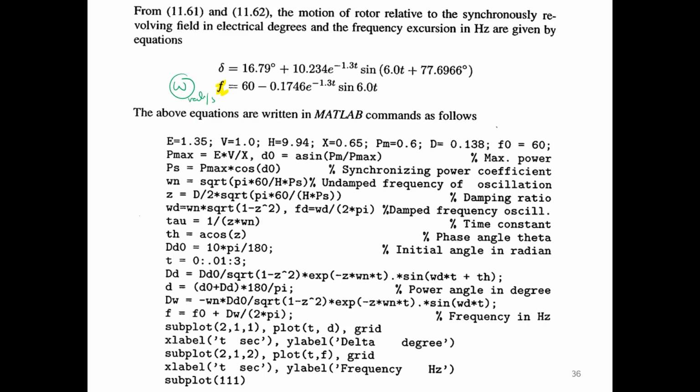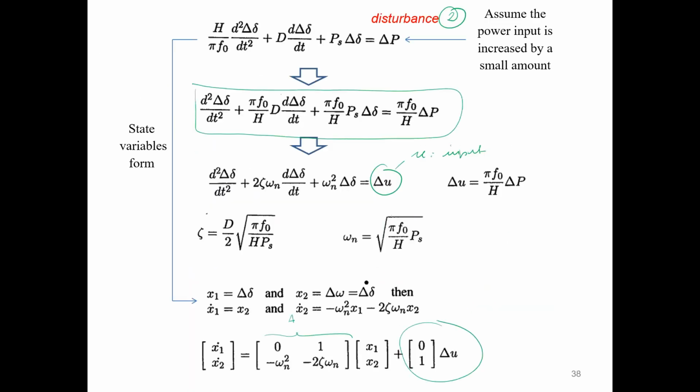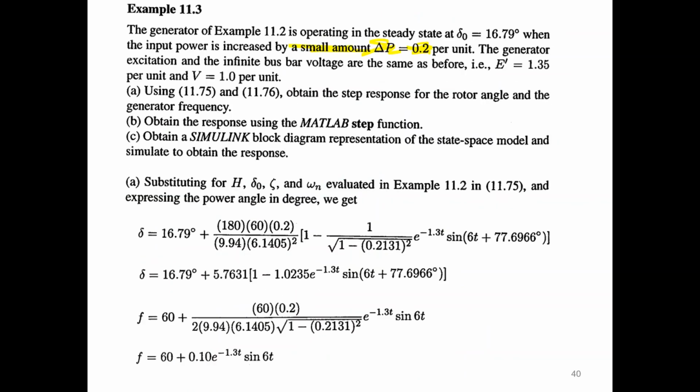Therefore, the rotor speed is relative to the synchronous speed itself. That's why when you find the omega, you can transform this into the frequency. Okay, now it's clear, right?